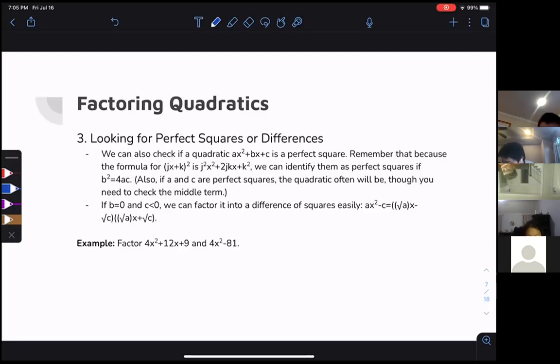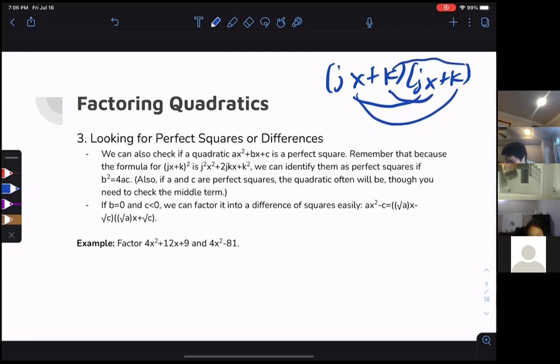You can write (jx + k) times (jx + k) and multiply term by term: this times this, k times jx, and also k times jx here, and k times k. When you add it all up and expand, this is what you'll get. You can verify this by hand pretty easily.